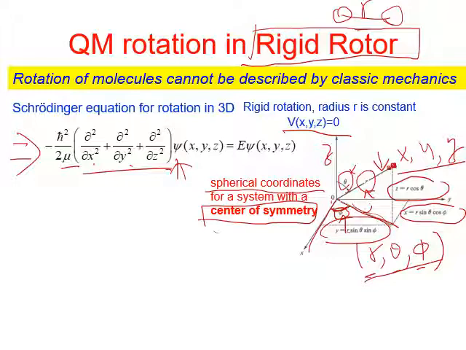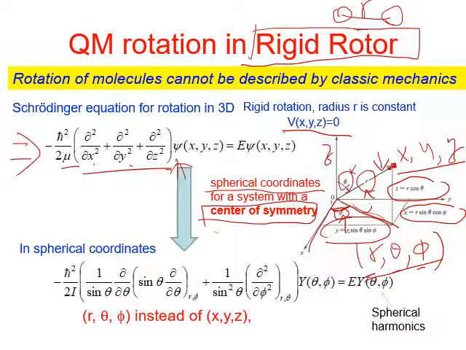Using these three equations, the Schrödinger equation in x, y, z coordinates can be converted to spherical coordinates, and that's this equation. In this equation, instead of derivatives over x, y, z, we have derivatives over theta and over phi. Now where is the derivative over r?